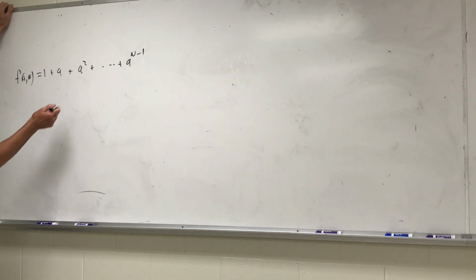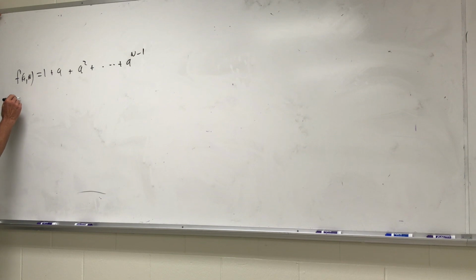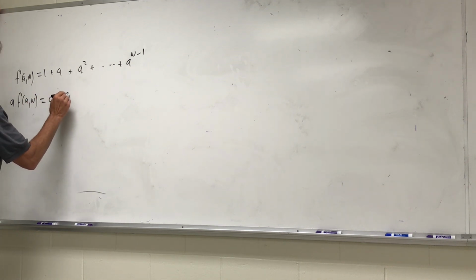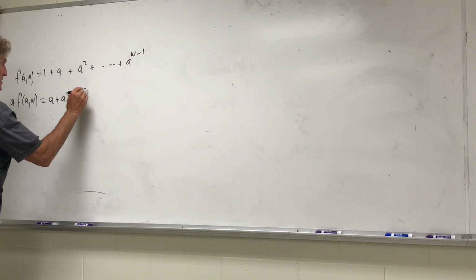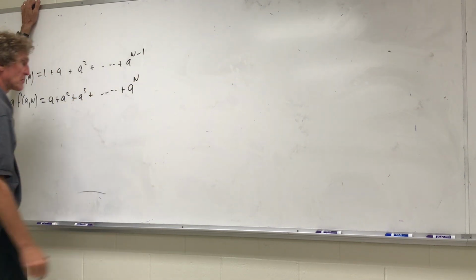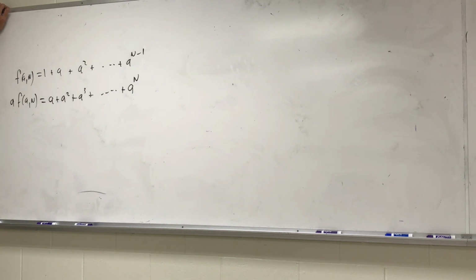So if I take this series, and I multiply it by a, that is a times f of a comma n, I get a plus a squared plus a cubed plus dot dot dot plus a to the n, where n has to do with the number of terms.